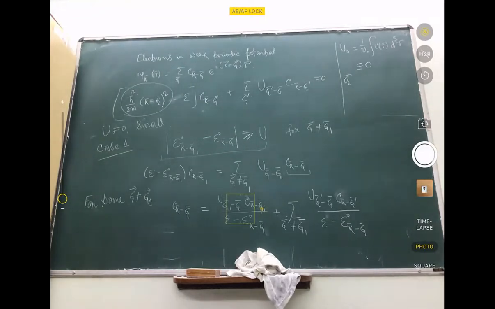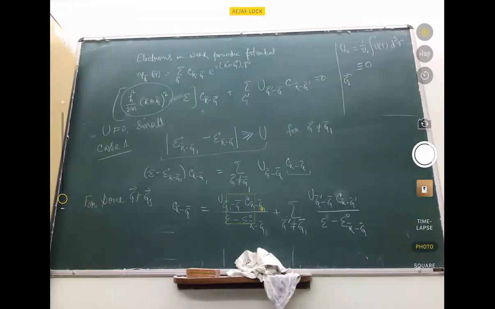Let's say something of order 1. So Ck minus G1 is of order 1. And remember, U is a small quantity. So the last expression that I have written there is an expression for some other G, which is not equal to G1. So that's the Ck minus G.